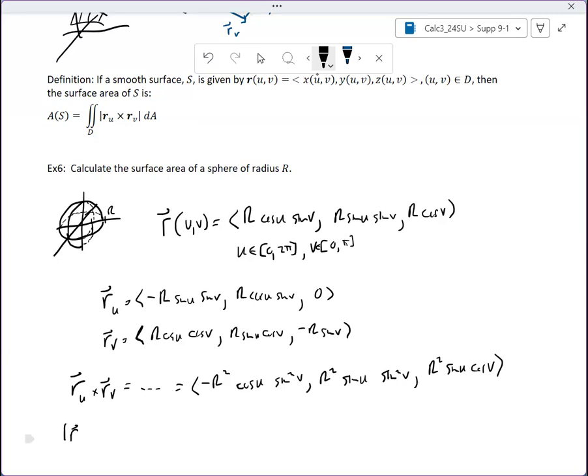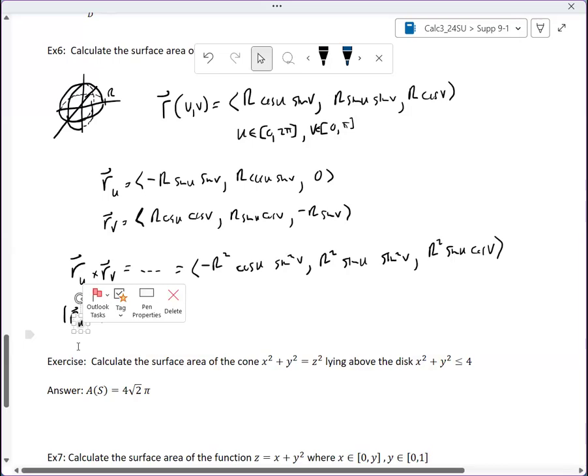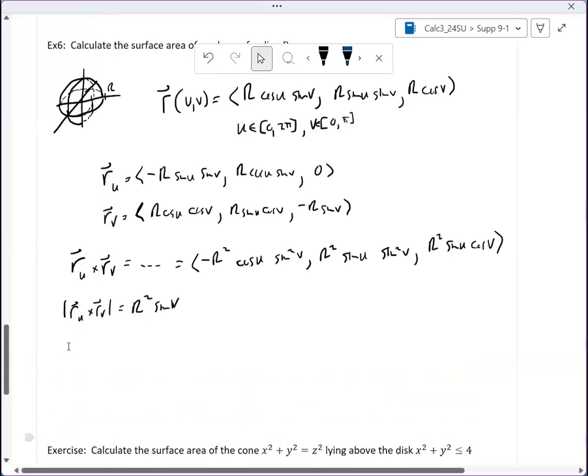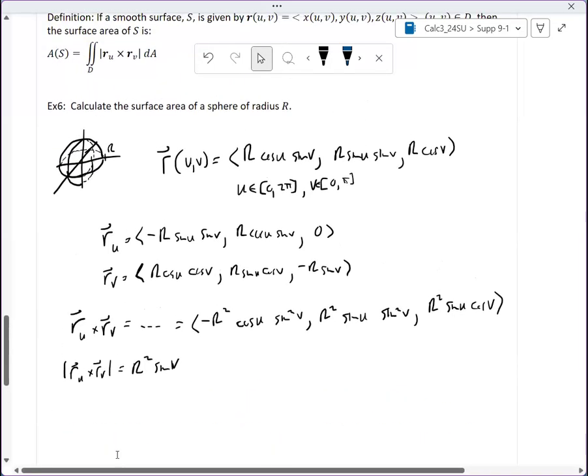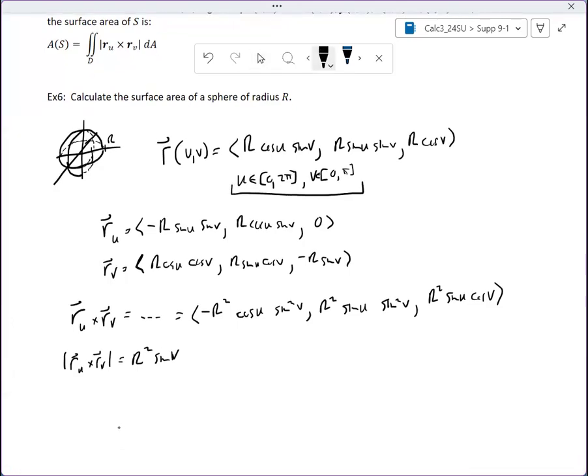And then the length of r_u cross r_v, we get a lot of cancellation from Pythagorean identities, and we end up with just R squared sine v. So that is what we were looking to integrate over this region.